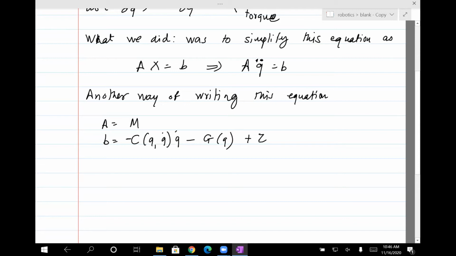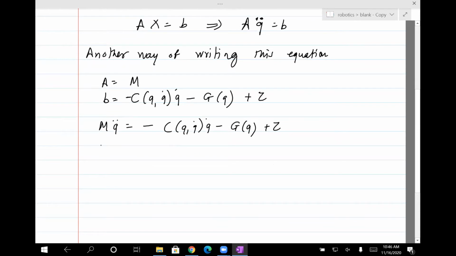So this is basically how the expression looks. In Matlab, when we're doing these computations, we don't really care how B and A look, and that's why I just made it AX equals B, and it was much simpler to do the math. But for the controls part, we actually want to write it in a different way. So when we do the substitutions, we get M(Q) Q double dot equals minus C(Q, Q dot) Q dot minus G(Q) plus tau.